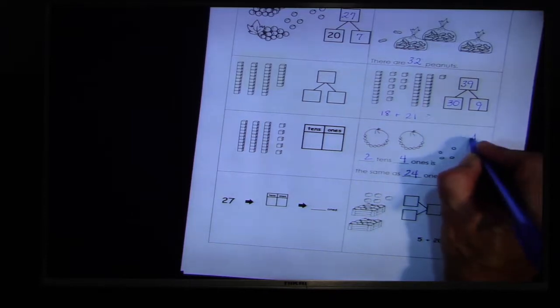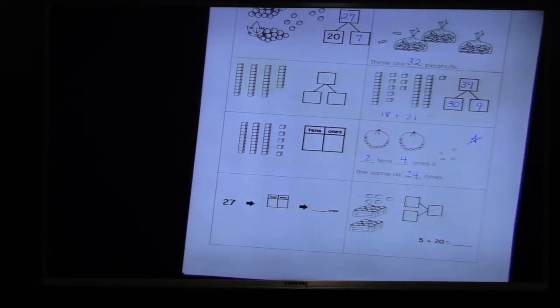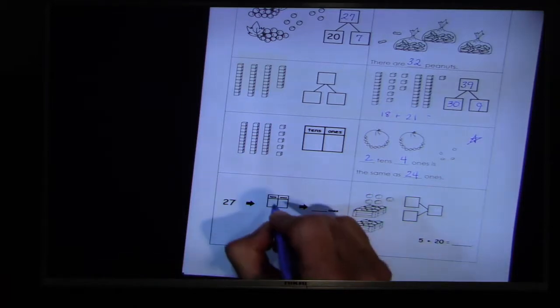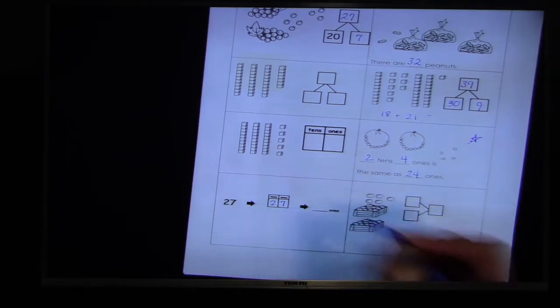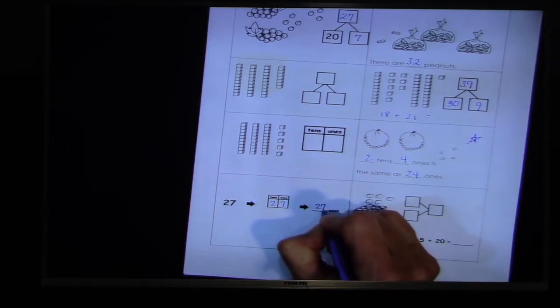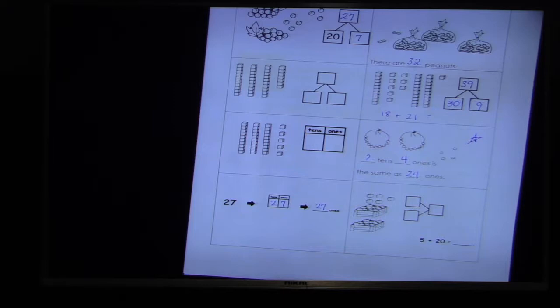This is a key concept. And then the notation. This box, we have 27. How many 10s are there going to be? 2 with 7 ones, and that is the same as 27 ones.